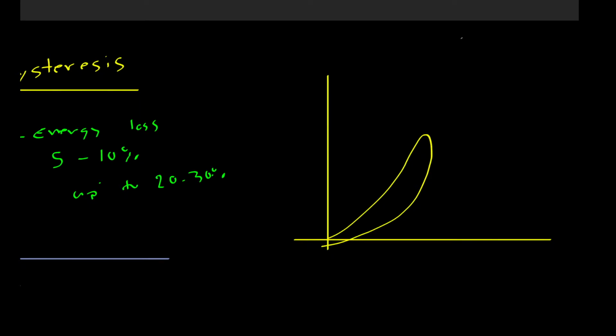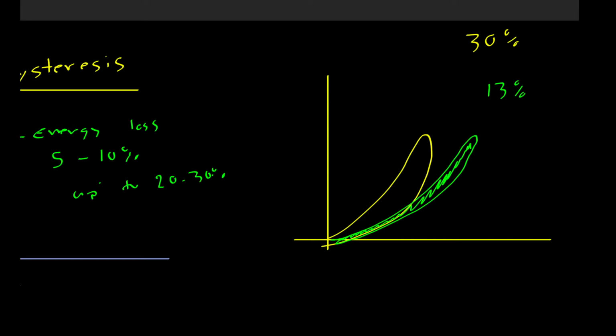Old-fashioned shoes, maybe it's like 30% energy lost. Newer, nicer shoes, there's two interesting things about them. One of them, they are not quite as stiff, and the other one, they lose less energy to hysteresis. Maybe only like 13% in the top of the line shoes these days.